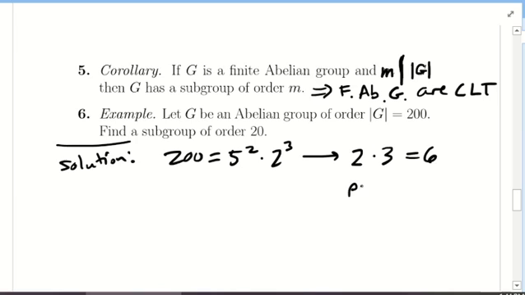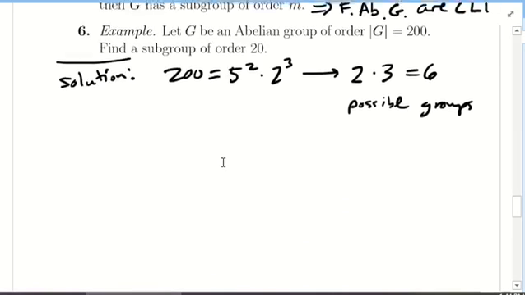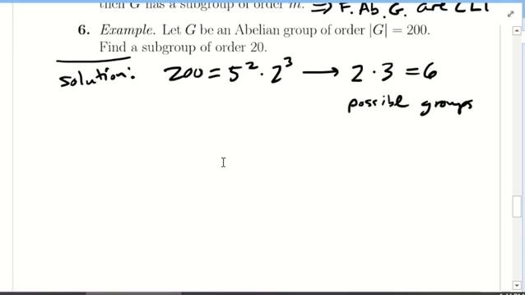Okay. So let's just pick one and see if we can find a group of order 20. And we can do it for all possible groups, but I'm just going to pick one at random.